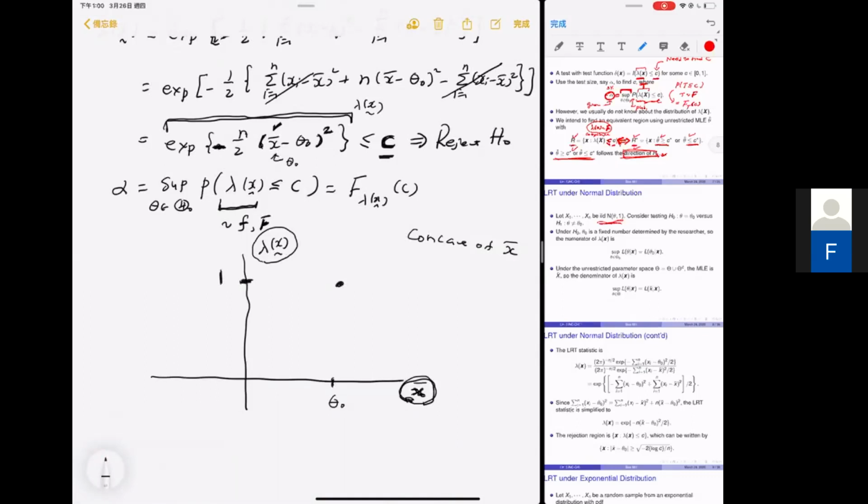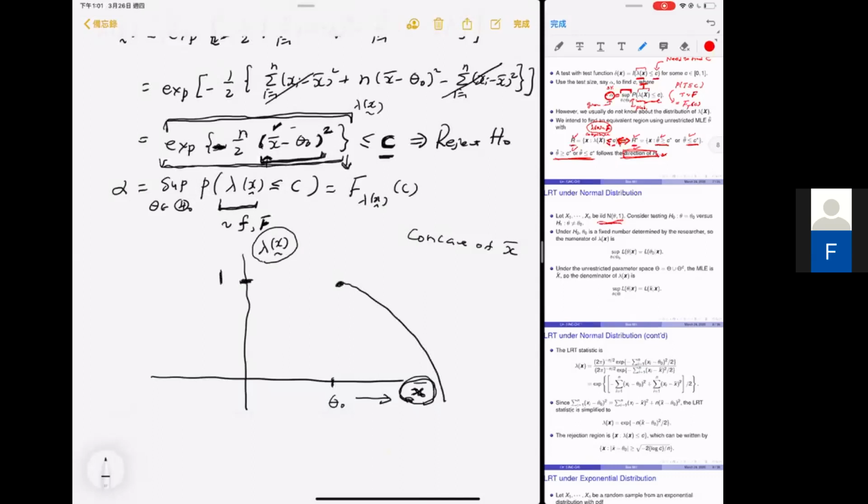And imagine if you don't know about concave functions, it's okay. Imagine what happens when x bar is getting bigger. The whole thing gets bigger, but you have a minus term right here. That means the whole lambda x is getting smaller. So when x bar gets bigger, lambda x gets smaller.